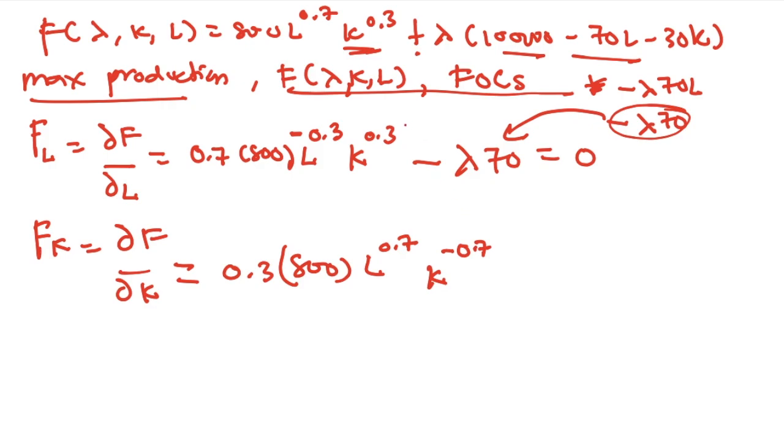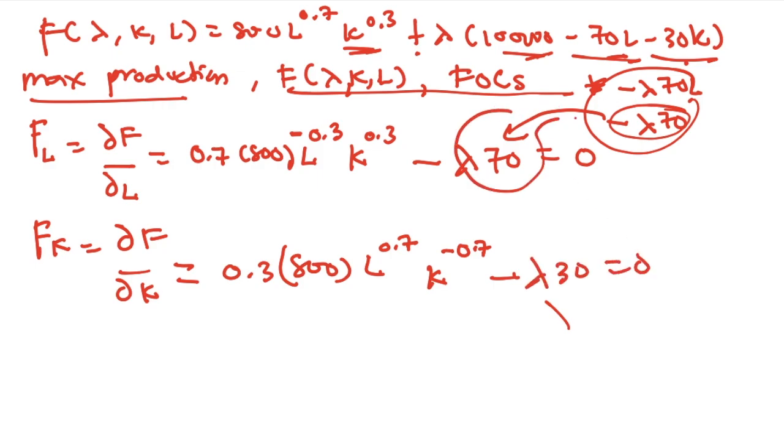How do you get this minus 0.7? Because 0.3 minus 1. And then minus lambda, this one we don't want, because you differentiate becomes 0. So we want to do this. So similar to this one also the same thing, minus lambda 30, equal it to 0. The same concept as this. You get me? Okay.